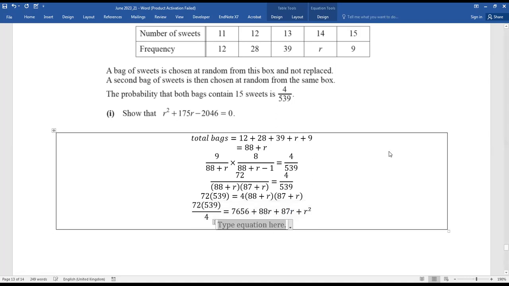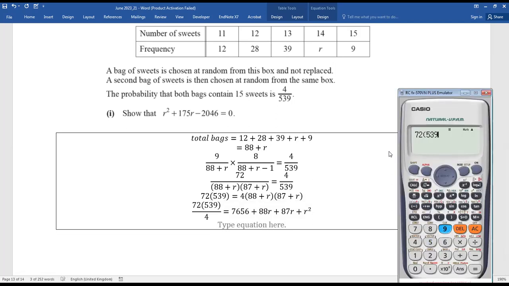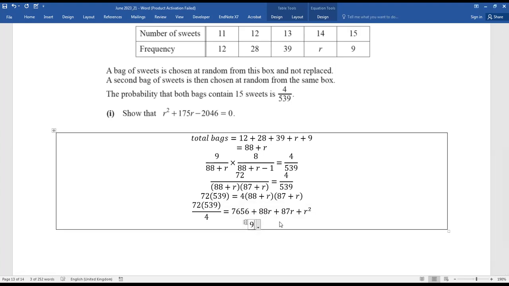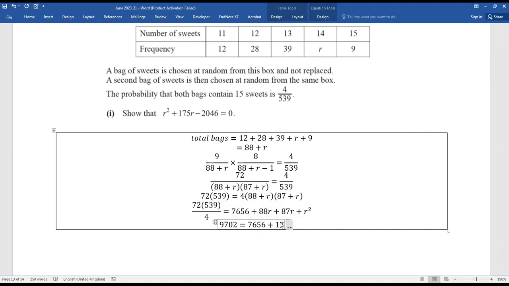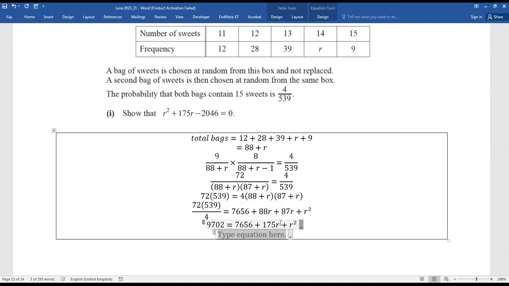And on the left side, I'll get 72 into 539 over 4, which is 9702. 9702 is equal to 7656 plus 88 plus 87 is 175R plus R squared. 9702, adding on the left side, it comes on the right side and it is subtracted. So this will be R squared plus 175R minus 2046. Right, this way as well. It's exactly the same thing.